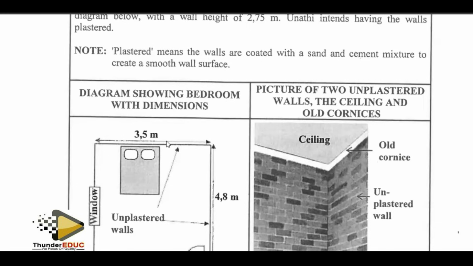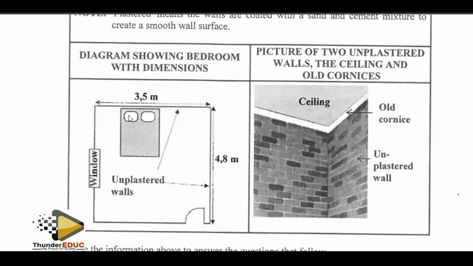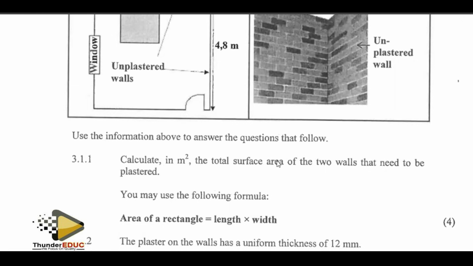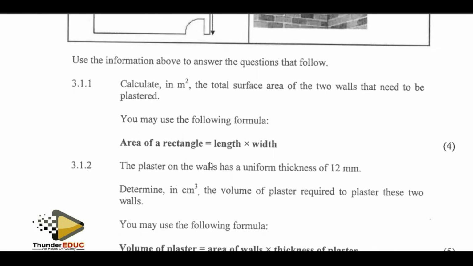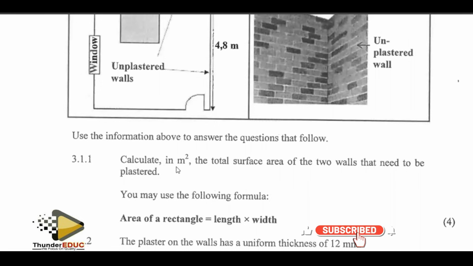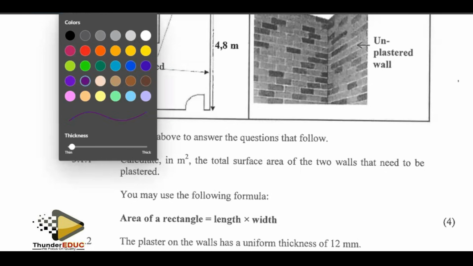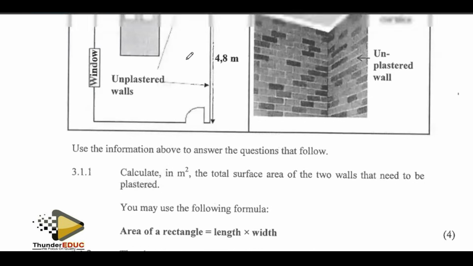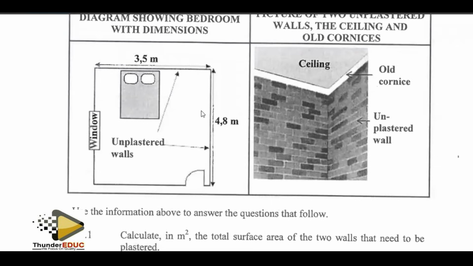All right, on the left-hand side, we have the diagram showing the bedroom with dimensions, and on the right-hand side, we see the picture. These are the walls that are missing. All right, the unplastered walls. They tell us, calculate in meters squared the total surface area of the 2 walls that will need to be plastered. Now, take note of here. The walls are shown in the small diagram, whereby we have this wall here, this wall here.